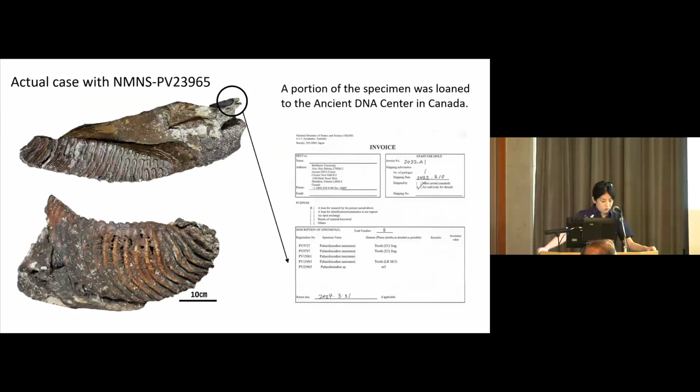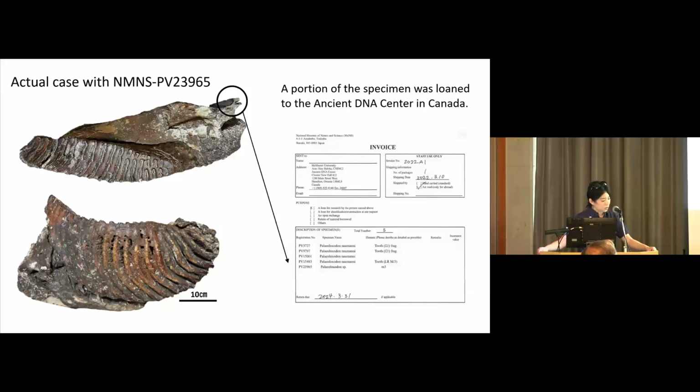So here I want to introduce an actual case, which I'm not quite proud of. A few years ago, I was contacted by a researcher group of ancient DNA from Canada, and they were trying to obtain samples from fossil elephants. Palaeoloxodon naumanni, the endemic species of Japan, was on their list.